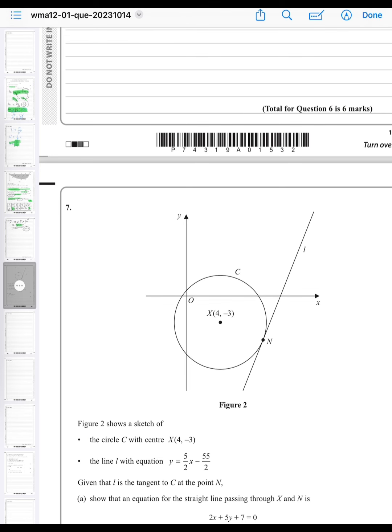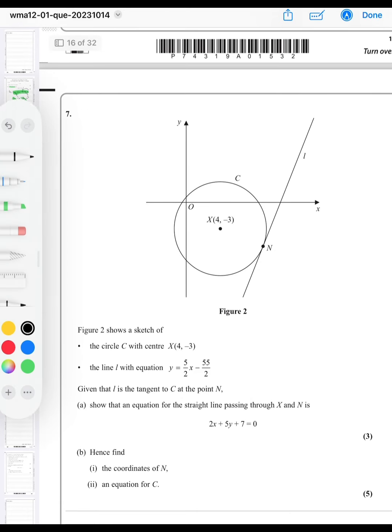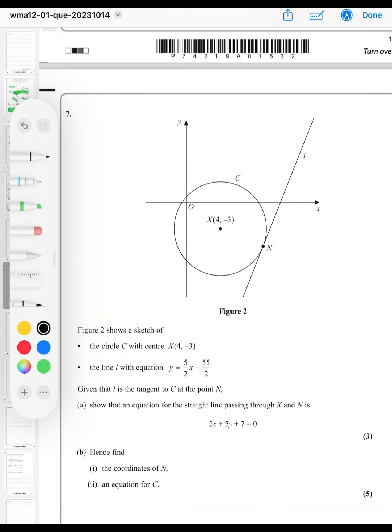This question is from equation of the circle, and here we have a straight line which is tangent to the circle at this point N, and we have the center of the circle which is this X. So now they are saying, show that the equation of the straight line passing through X and N. Passing through X and N means that they're asking for the equation of this line.